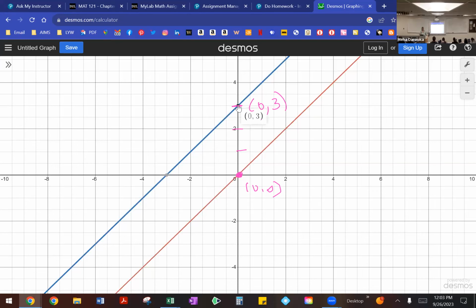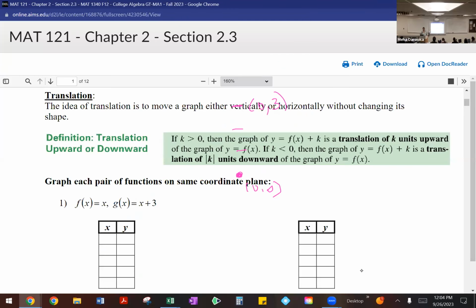If I can get it right on the point, you can see that moved it 3 units up. But in this case, because you are dealing with just a basic simple x function, it also moved your graph 3 units to the left. So in this case, this actually acts as both horizontal and vertical, but mainly vertical because that's how the definition works.